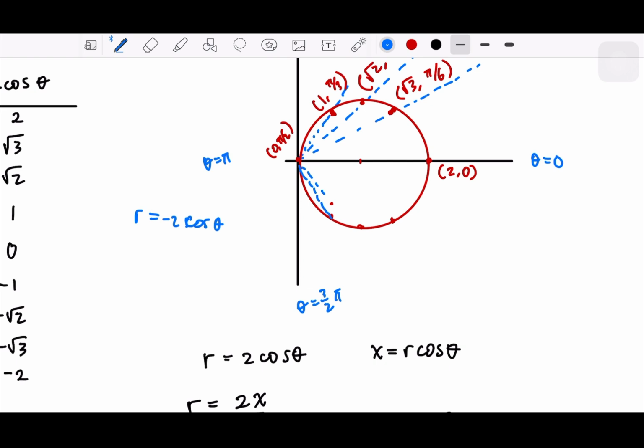Positive 2 sine theta, if you draw and check the values of the special angles, it will be going perfectly up here. If you multiply with negative, it will be going here. Okay. And there's a pattern in all the polar curves, not only the circle one. When you have the limaçon later on and so on, there will be a certain pattern. Okay.